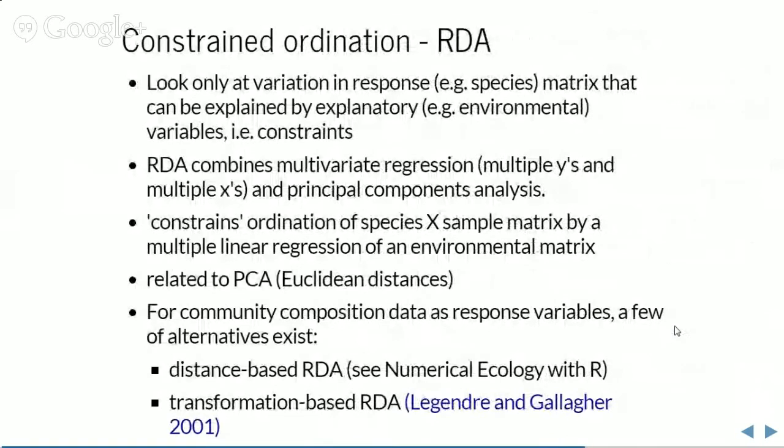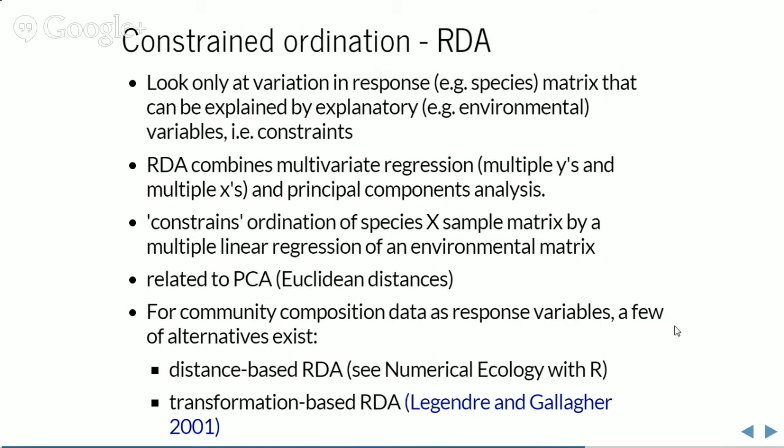So now we're going to talk about a constrained ordination technique. Now, instead of just overlaying environmental variables onto an ordination, we're actually using environmental variables to constrain the ordination. This basically is going to be only looking at the variation in our response variables, maybe our species matrix, that can be explained by our explanatory or environmental variables.